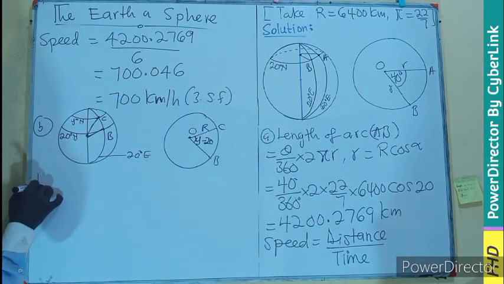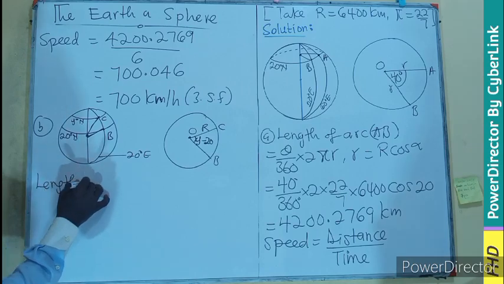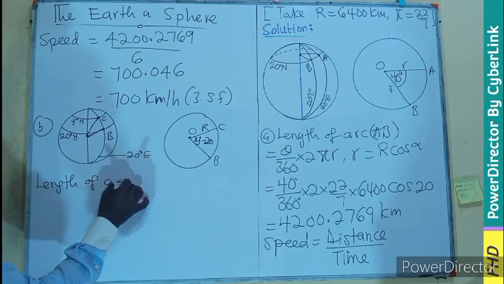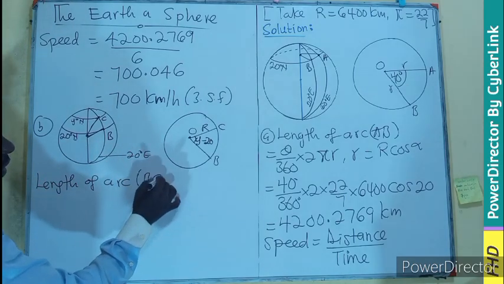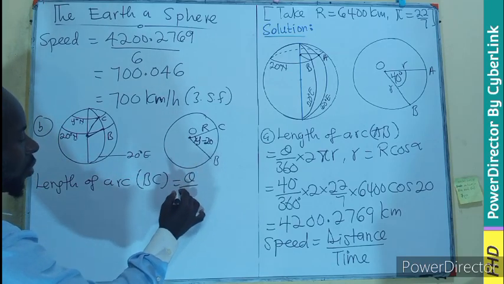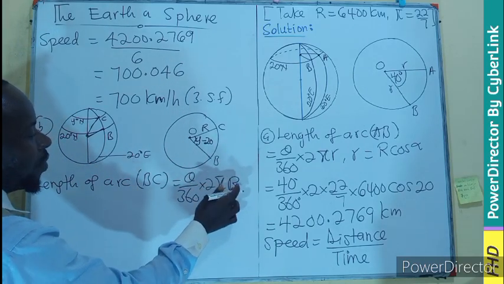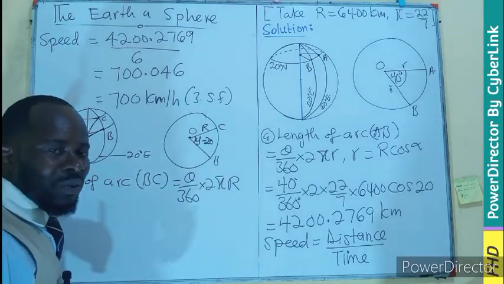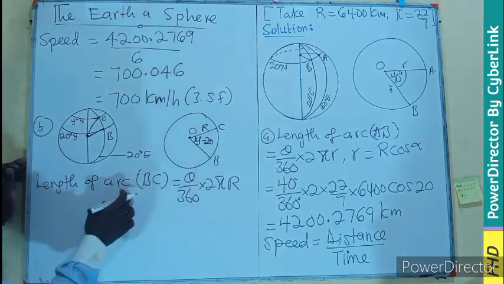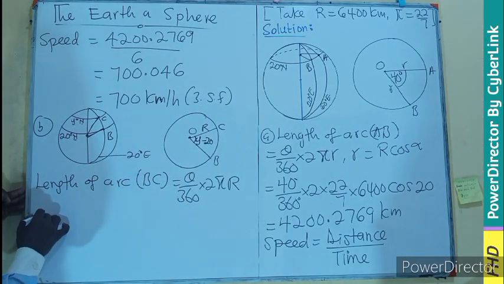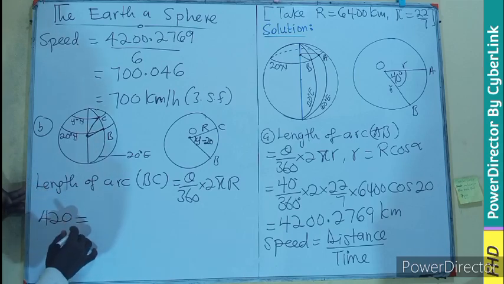So here we say that length of arc BC will be theta on 360 times 2 pi R. Remember capital R, because that is going to be a great circle. So the length of the arc is giving us 420.